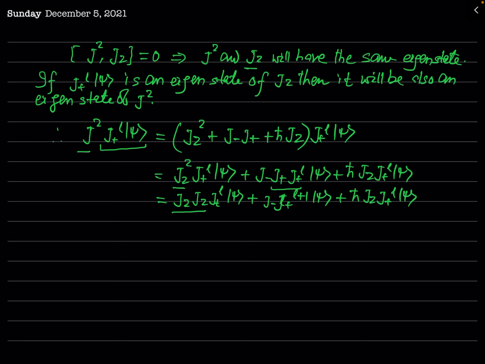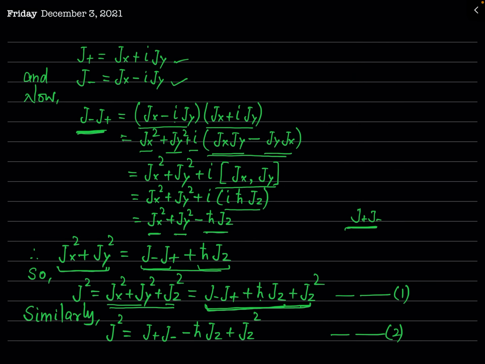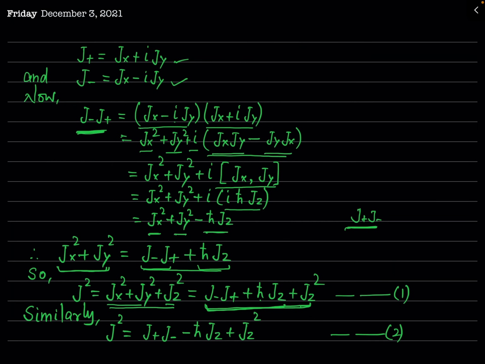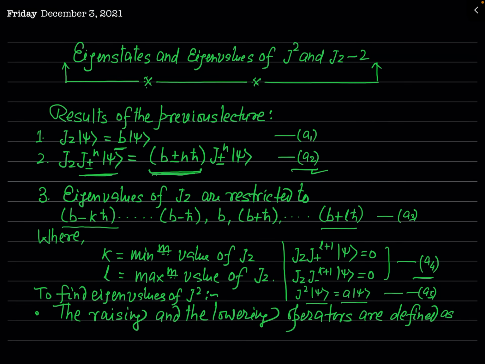Now here we will make the use of the result which we have obtained in the previous lecture. You can see that in accordance with equation A2 which we have obtained in the previous lecture, that this jz j plus n ket psi is equal to b plus n h bar j plus n ket psi. I have not pronounced this minus because here we need only plus sign. So instead of this n here there is actually L. So we will make the use of this equation A2.